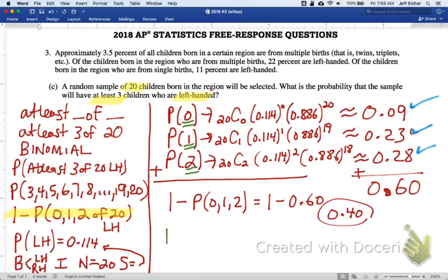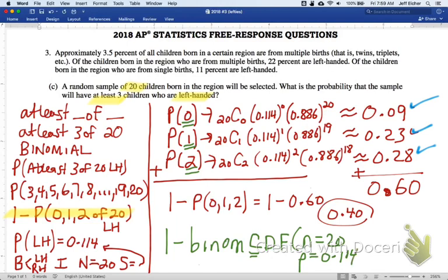So we would do 1 minus binom CDF on the TI, or I think it's called BCDF on the Casio, where n is 20, your probability is 0.114, and x is the highest number that you want, and the function is built to start from 0.